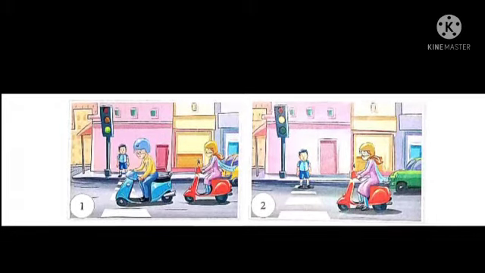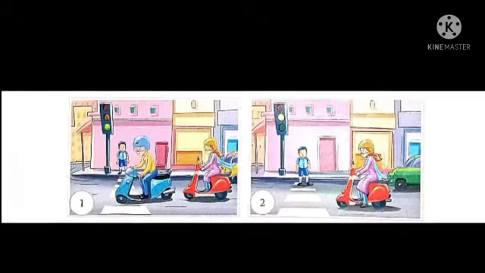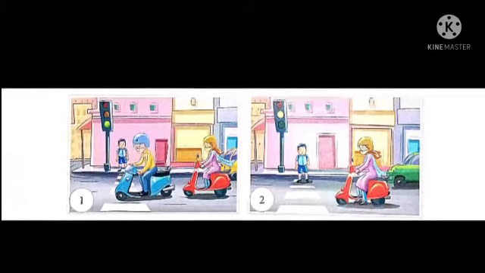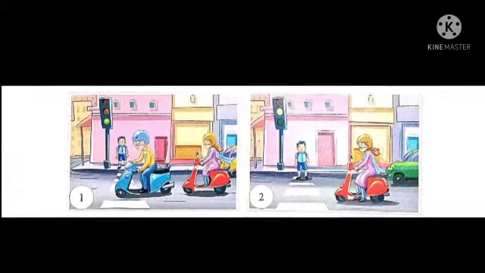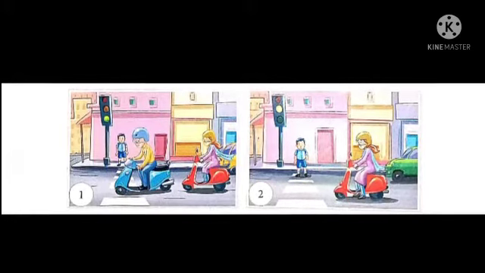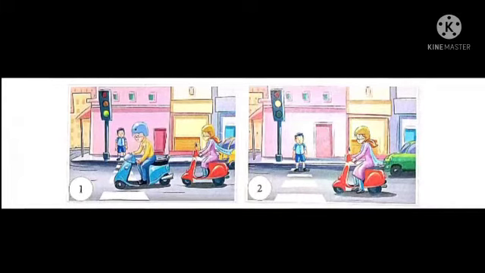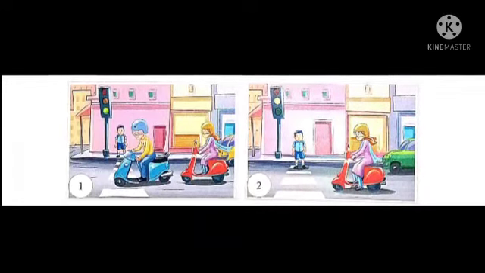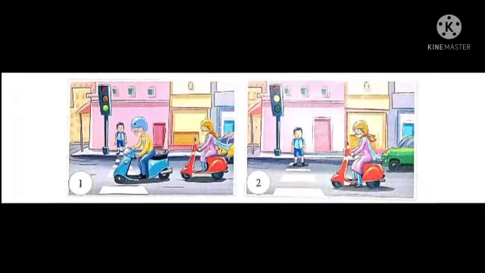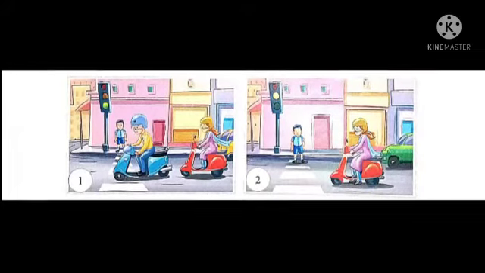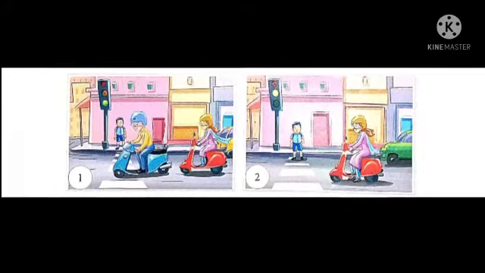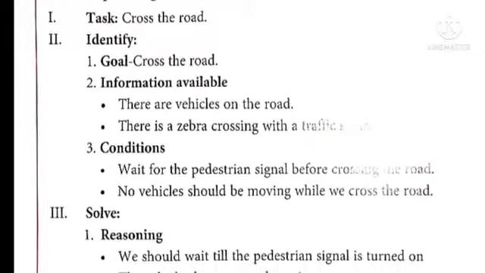Now it's time to solve it by applying your logic. What will you do? We are going to wait till the pedestrian signal is turned on, that means the red signal for vehicles. Then we will check that the vehicles have stopped moving. Then only are we going to cross the road with the help of the zebra crossing, and also ensure that vehicles have stopped.